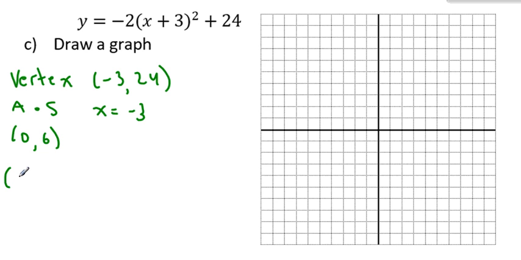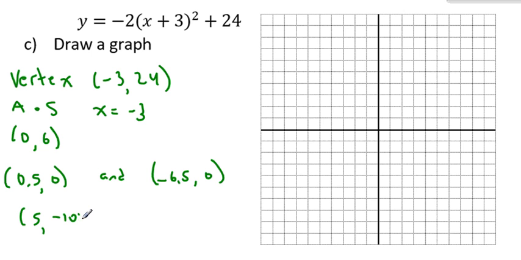The x-intercepts were at (0.5, 0) and (-6.5, 0). I also have a point at (5, -104), but that's probably way too big to graph. And I also have points at (4, -74) and (-10, -74). But again, I probably won't bother fitting those onto my graph.